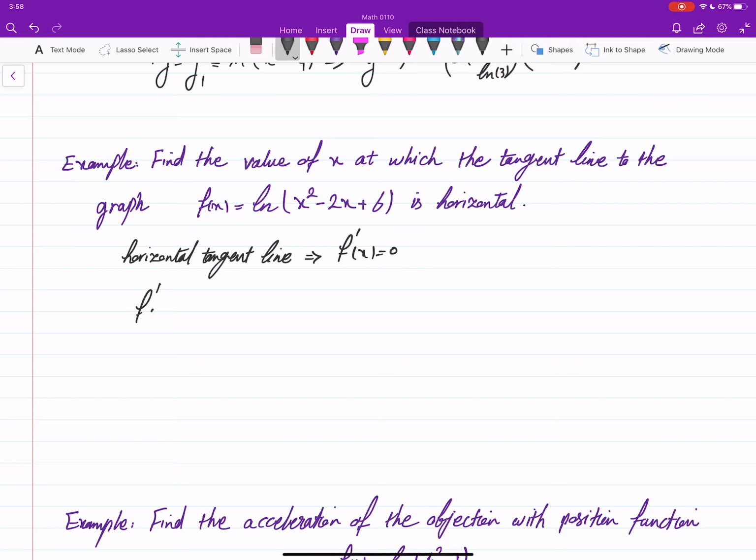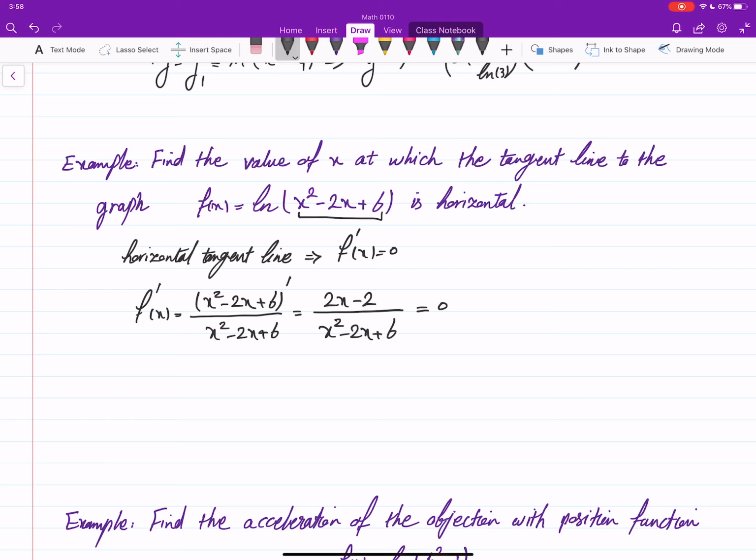So f prime here is, this is ln of a function. So the derivative of that will be the derivative of the function over the function itself, which gives us 2x minus 2 over x squared minus 2x plus 6. And we set this equal to 0.